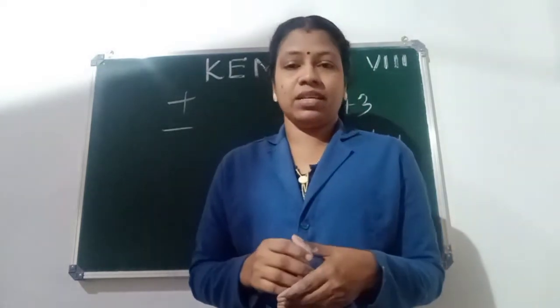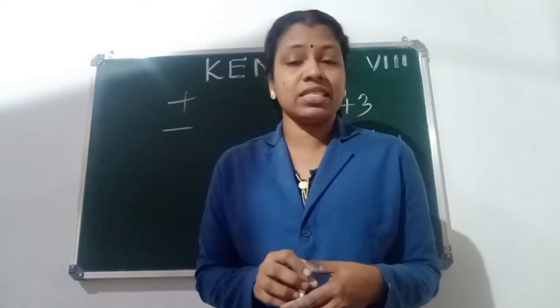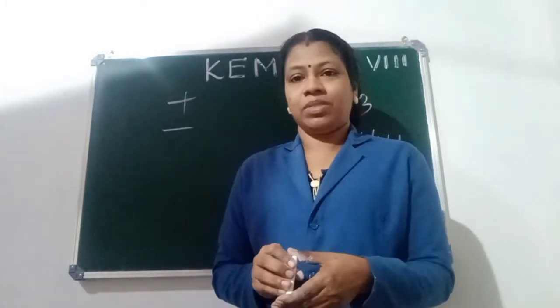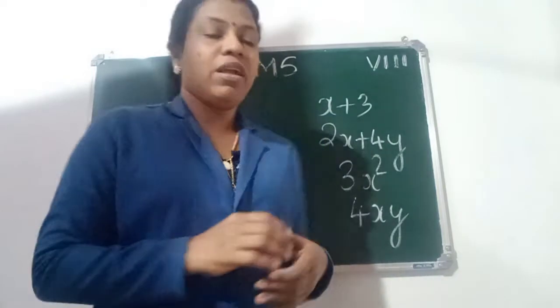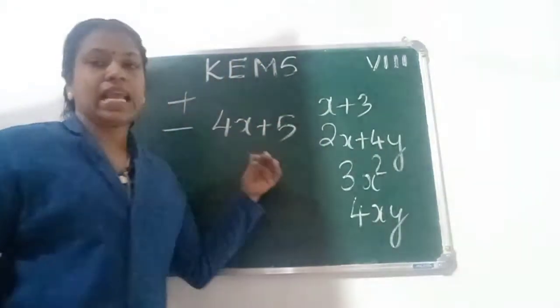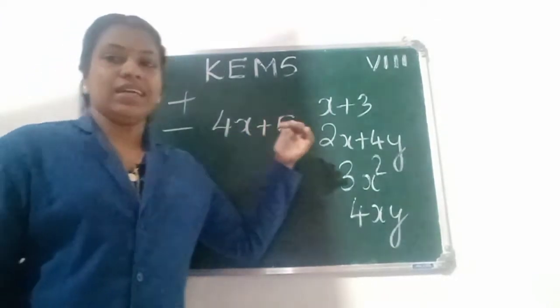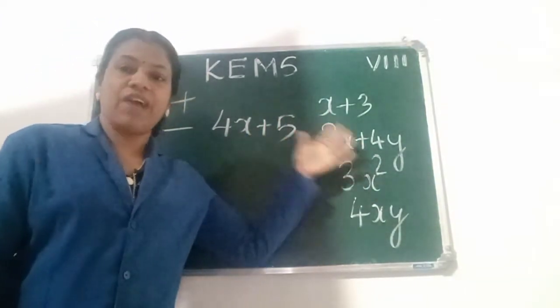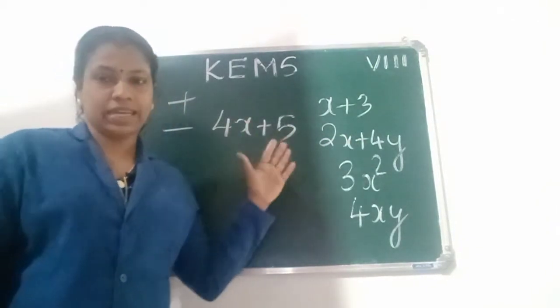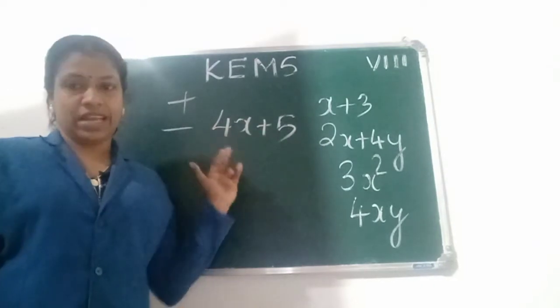Now, terms themselves can be formed as the product of their factors. For example, 4x plus 5 is an expression. 4x is added to 5. Both are correct. So these are called the terms of the expression.